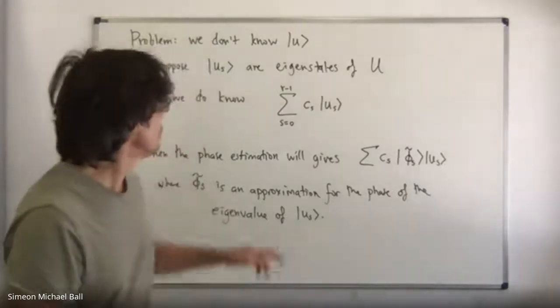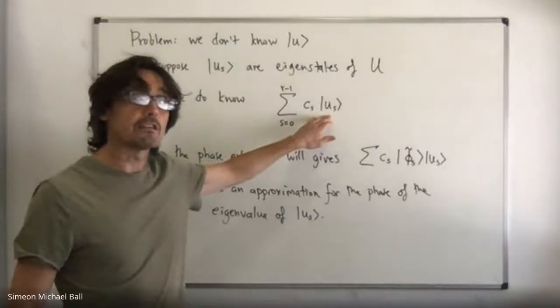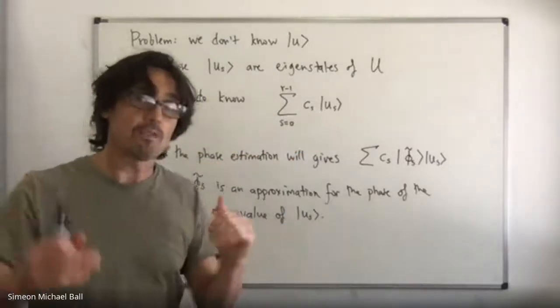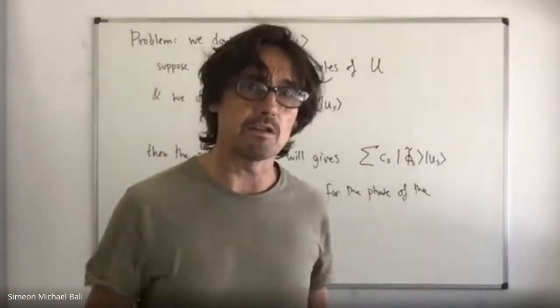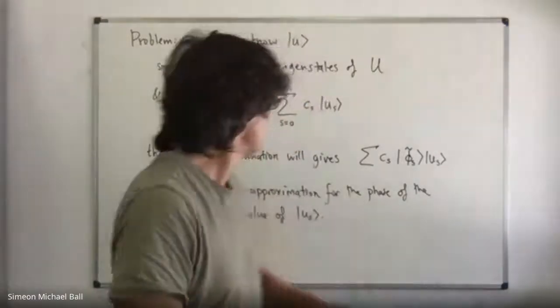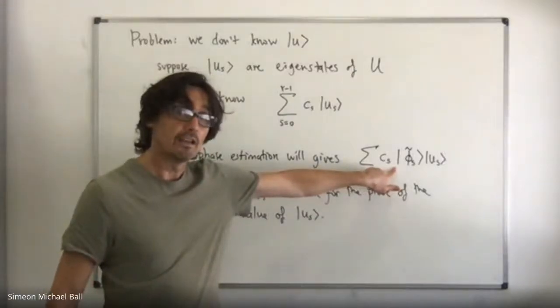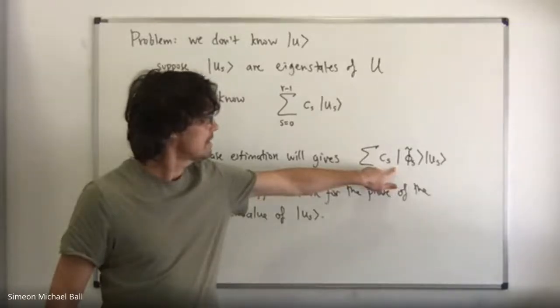But we do know a state which is a linear combination of other states to begin with. So we can start with that, stick it into our phase estimation circuit, and we get this. And now we do a measurement on this.